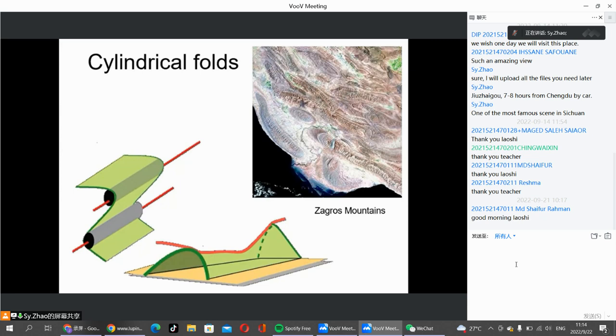And subsequent erosion removed softer rocks such as mudstone and siltstone, while leaving harder rocks such as limestone and dolomite.